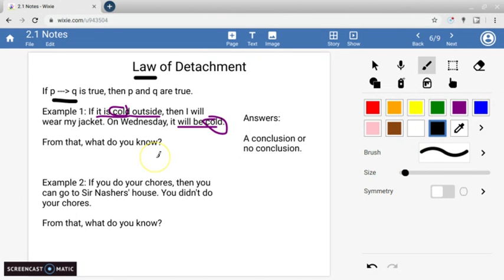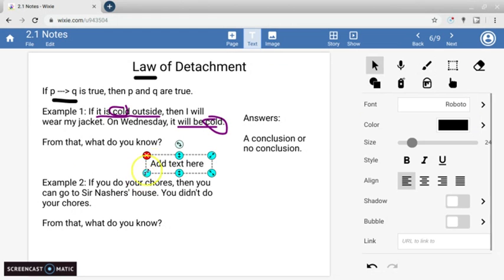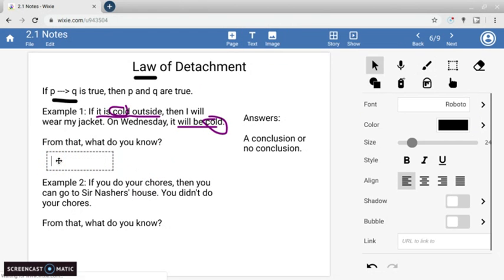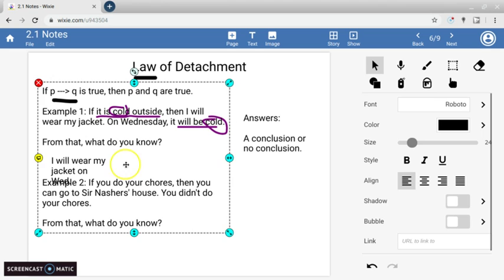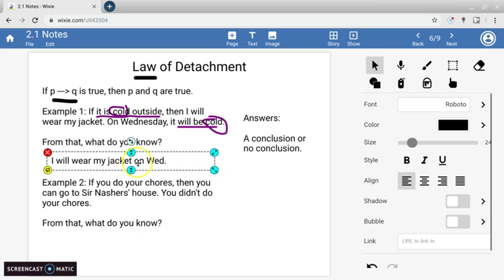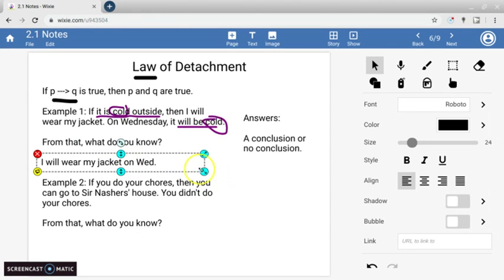And what do you know? If you know that when it's cold, you wear a jacket, and that means that if it's cold on Wednesday, you will wear the jacket. That's how simple it is. I will wear my jacket on Wednesday. There you go. That's all you need to know for that.